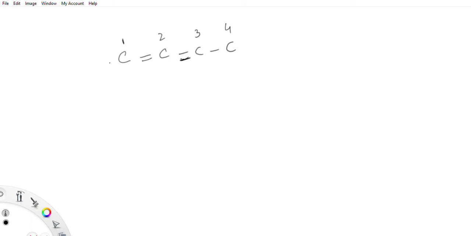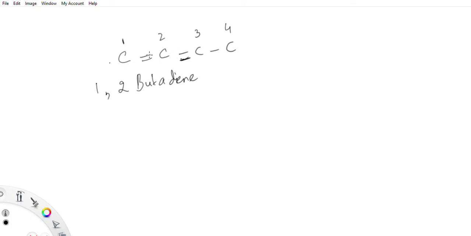Now we will name this compound 1,2-butadiene. Why have I said di? Because there are two double bonds. I would have simply said 1-butene, but that would be wrong because there are two double bonds. So I mention both the positions and the number of double bonds.